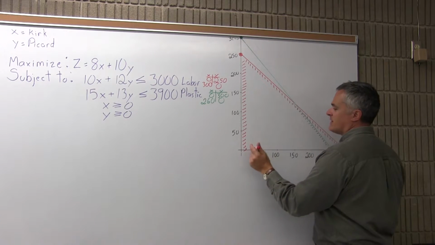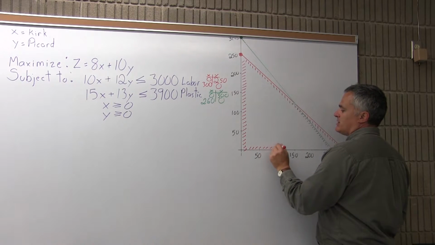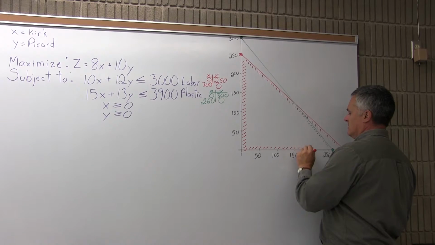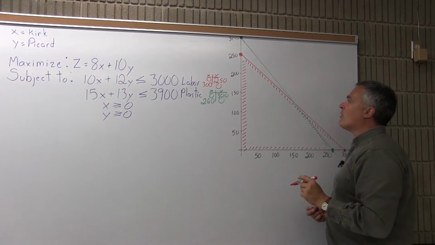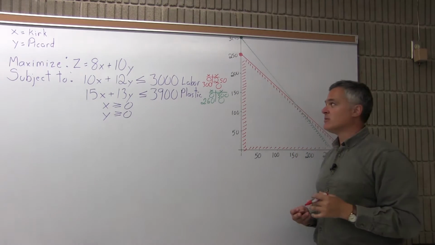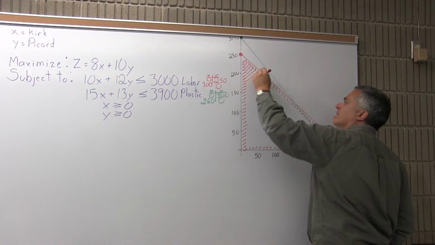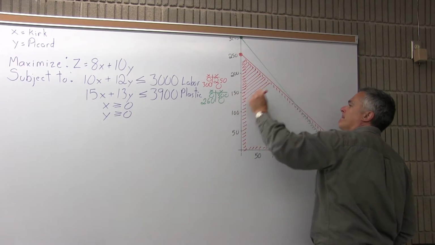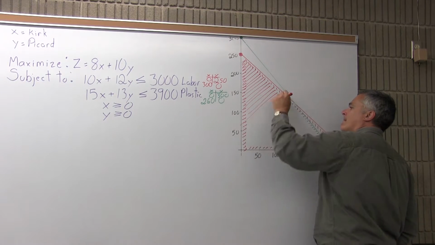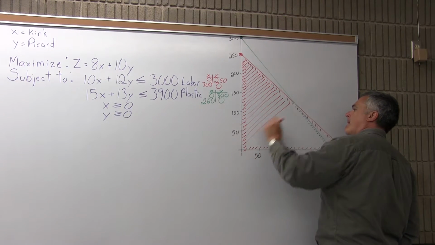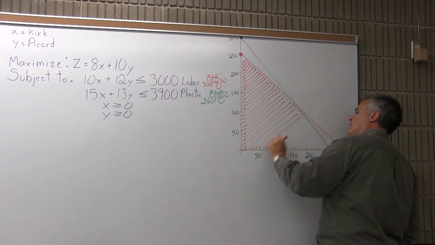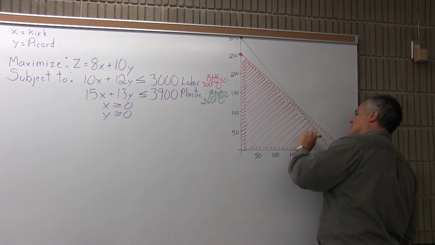I can only have points in my feasible region that have a positive y-coordinate. And now, where all the shading overlaps, that's my feasible region. And it is a bounded feasible region.